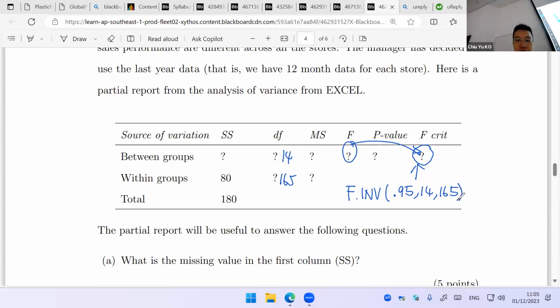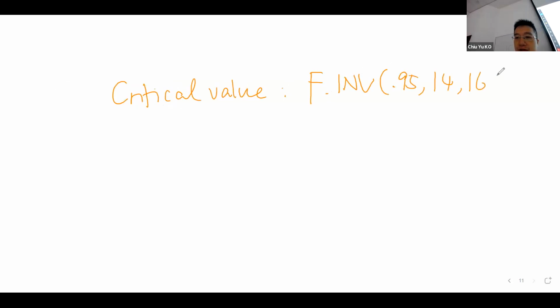Since you asked, let me write that down. How we do it: you say the critical value is F inverse of 0.95, 14, 165.